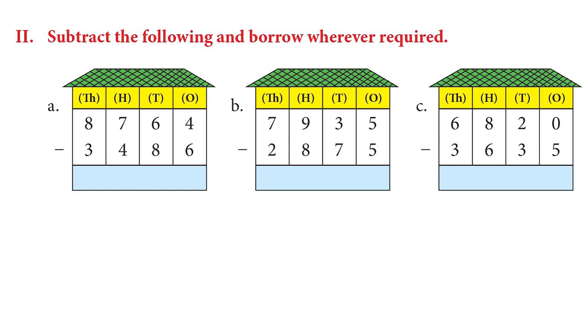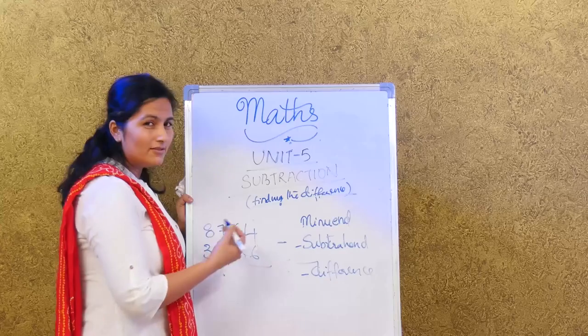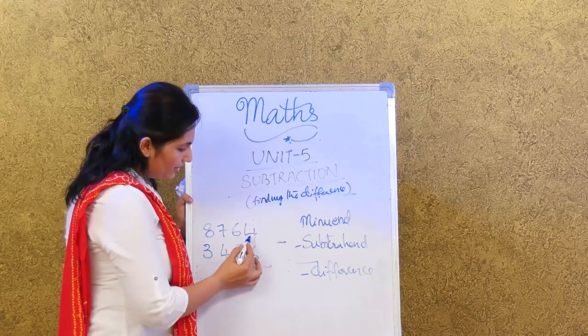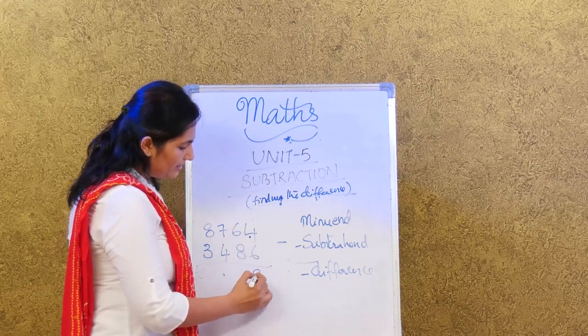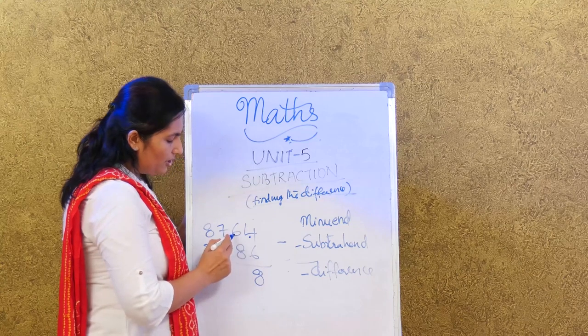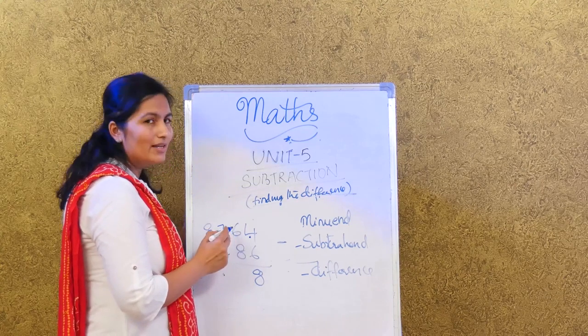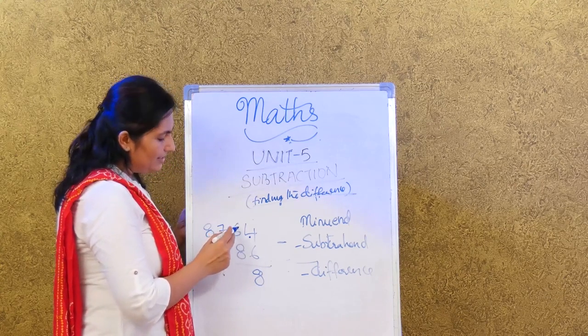Now let's look at Roman letter number 2, exercise 2 with borrowing. We'll take one example, the rest you can try out in your notebook and write the answers in your textbook. 8764 and 3486. This is with borrowing. 4 is less than 6, so we borrow. 14 minus 6 is 8. Because we borrowed, this became 5.